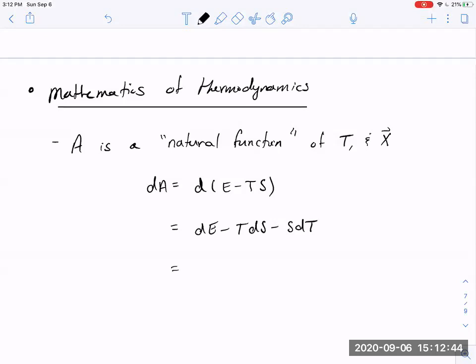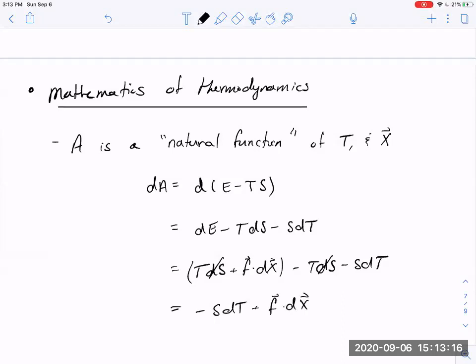In a reversible system, dE is nothing but T dS plus F dx. That's dE, copying down the rest, minus S dT minus T dS. What we're left with, these cancel, is minus S dT plus F dx.